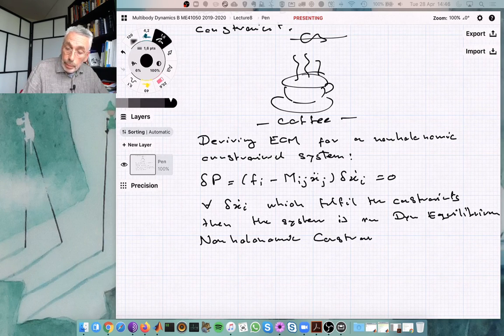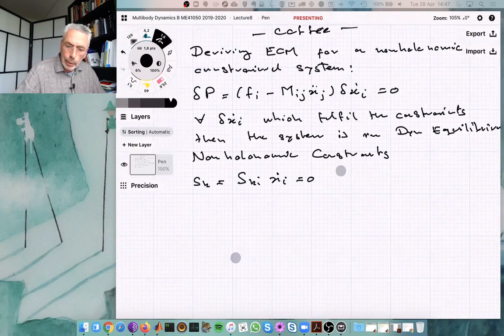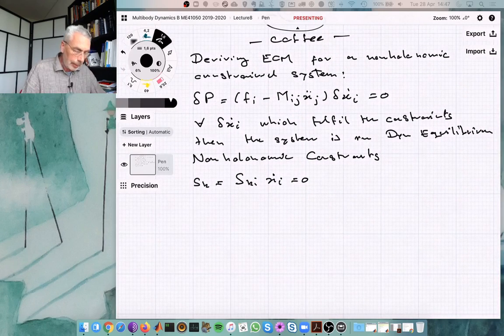Now our non-holonomic constraints can in generality be written like S_ki x dot_i is 0, S_k being some pseudo Jacobian, it's just a linear mapping matrix, where we have k non-holonomic constraints. For now I just focus on the non-holonomic constraints. We know how to do regular constraints, so let's only take non-holonomic constraints. The complex case is of course in the book, the complete one, but for now let's focus on this.